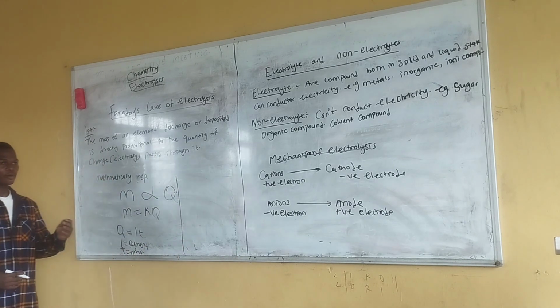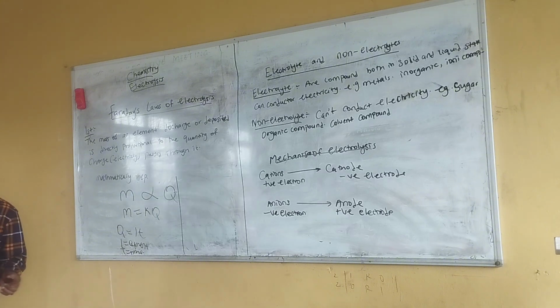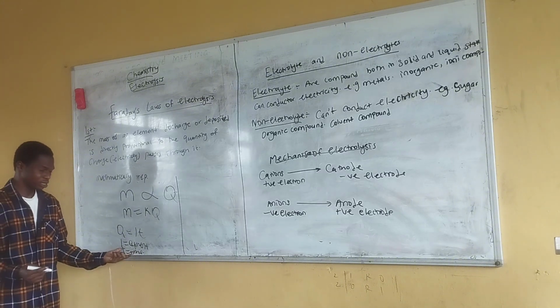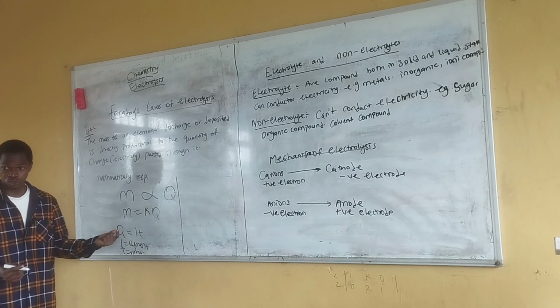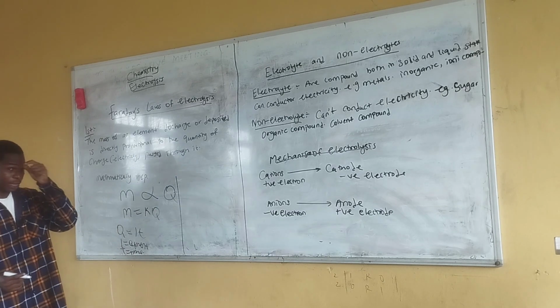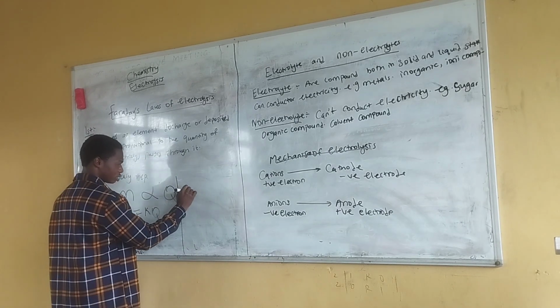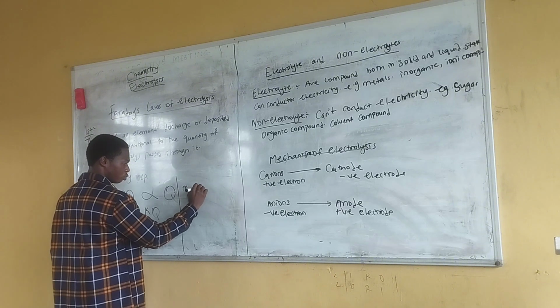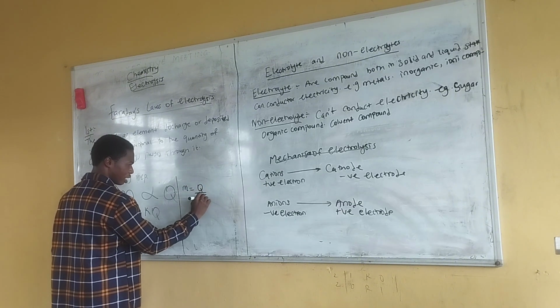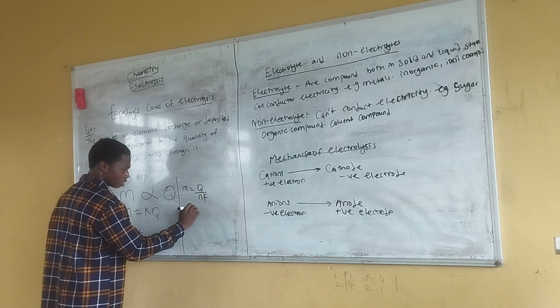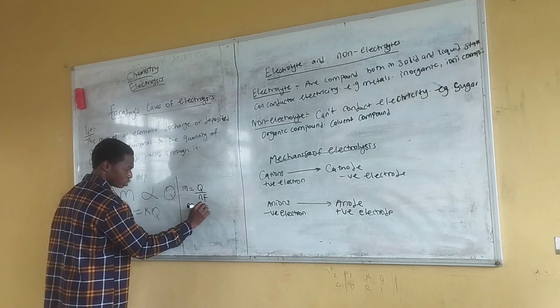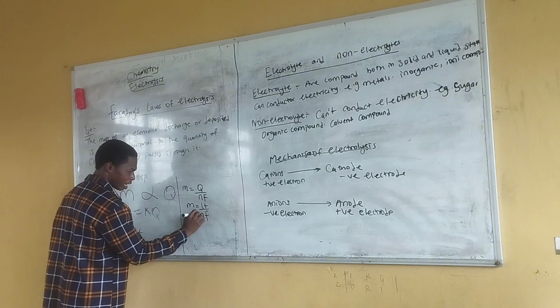But when I went further to study, I noticed that this formula does not suit all electrolysis questions. So there's a formula I got. M, mass, is equal to Q over nF. This Q is IT, so you can say M is equal to IT over nF. These are n, the number of moles.